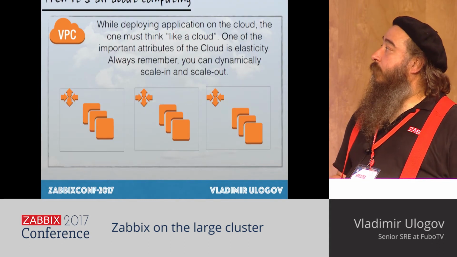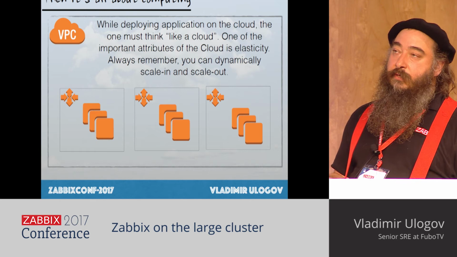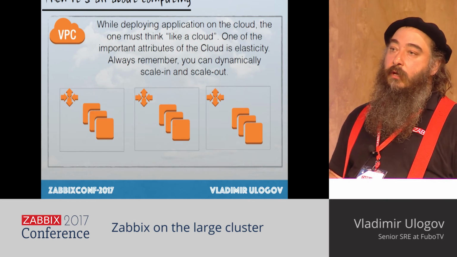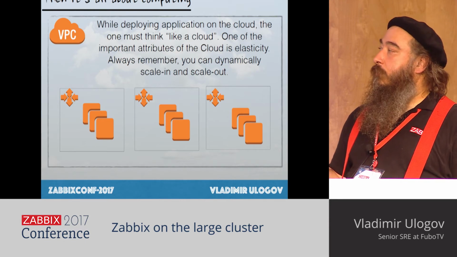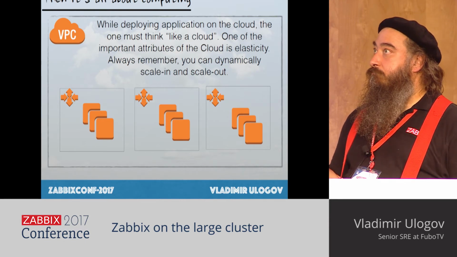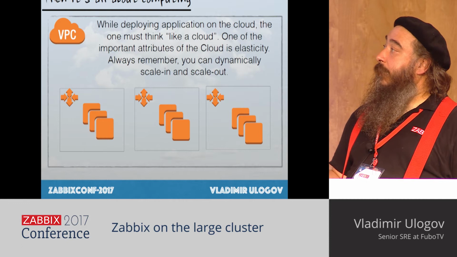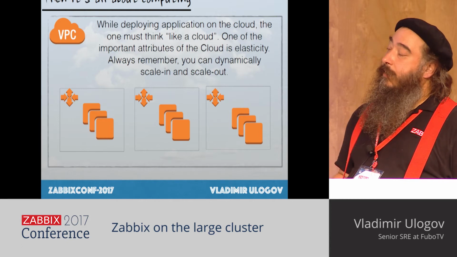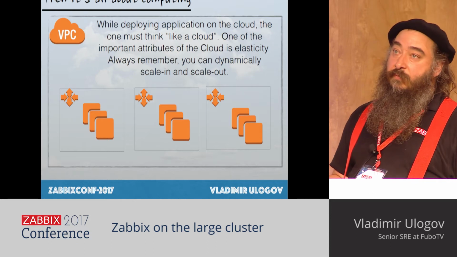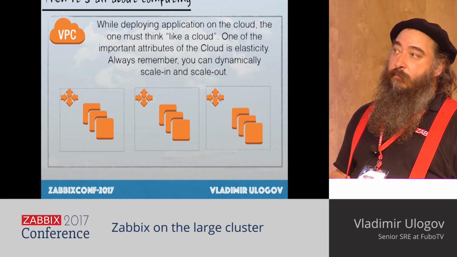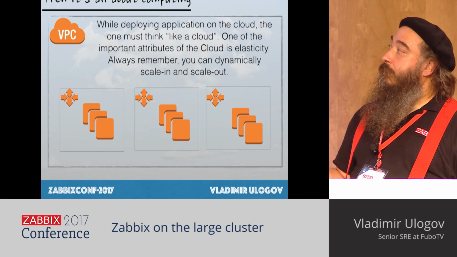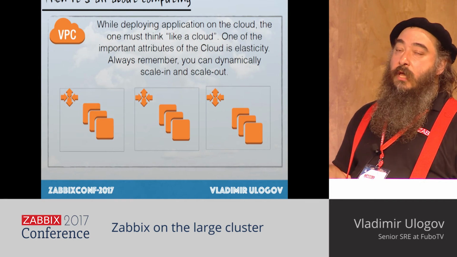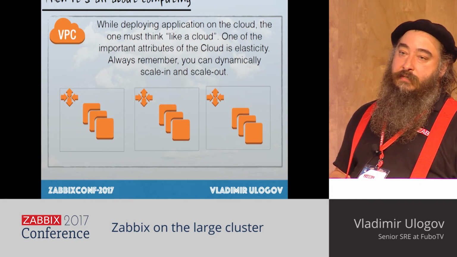Next is all about computing. Your Zabbix is an application. It does require CPU and memory in order to be operational. So again, you see 3 parts of the same VPC. I'm specifically pointing you to the fact that it is extremely important not to put all the eggs in the same basket.